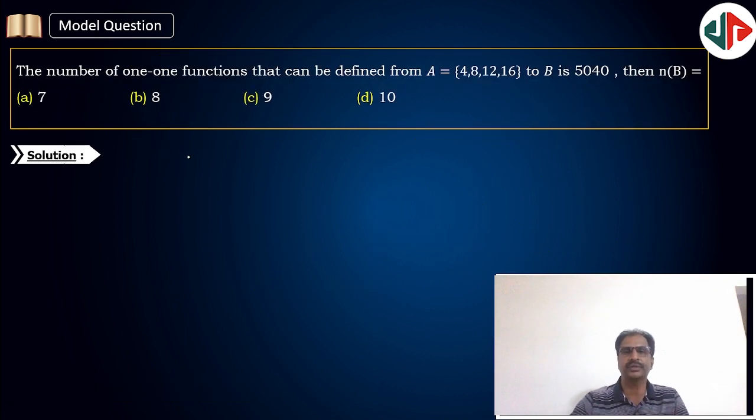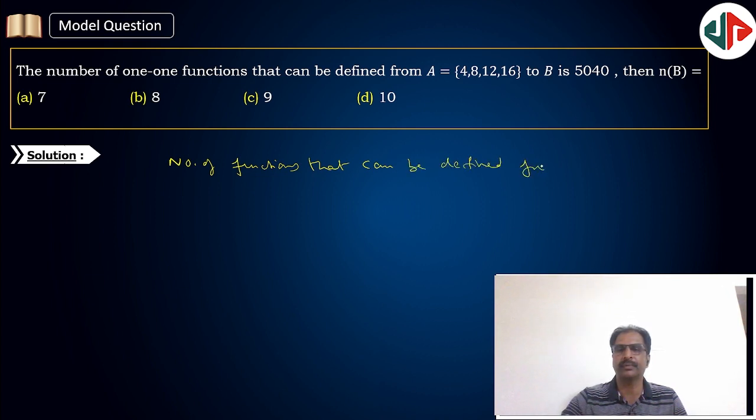Next, the number of 1-1 functions that can be defined from A to B is given. Then what is n of B? The formula for the number of functions that can be defined from A to B is n of B power n of A. That implies n of B power n of A is 4, equal to 5040.